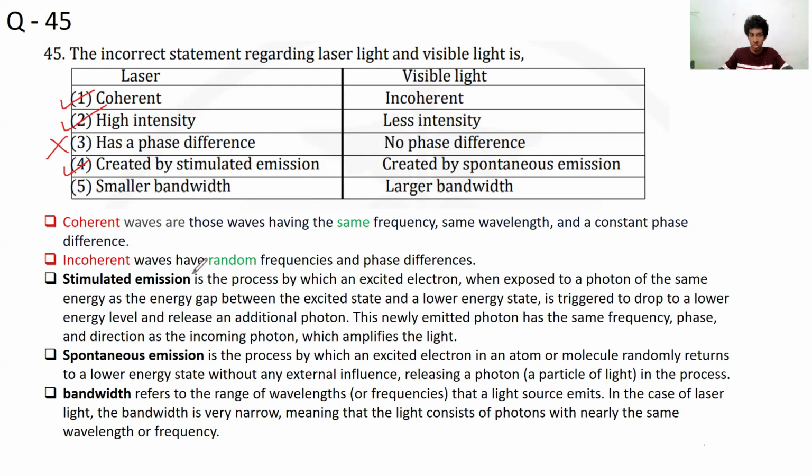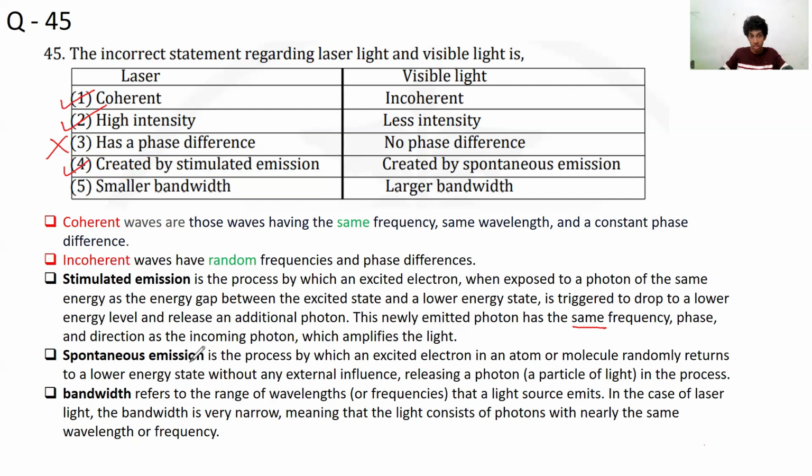So what is stimulated emission? Stimulated emission is the process by which an excited electron, when exposed to a photon of the same energy as the energy gap between the excited state and a lower energy state, is triggered to drop to a lower energy level and release an additional photon. This newly emitted photon has the same frequency, phase, and direction as the incoming photon, which amplifies the light.